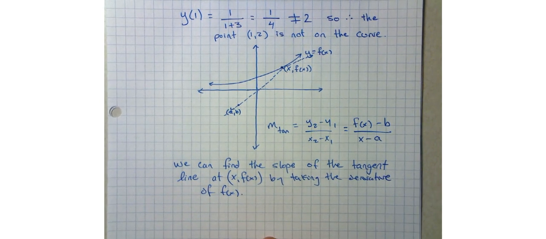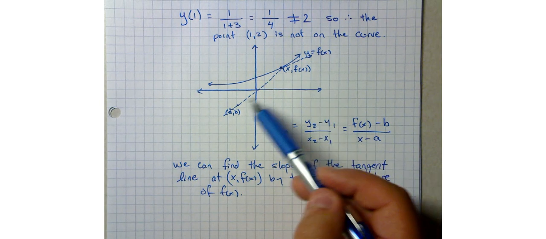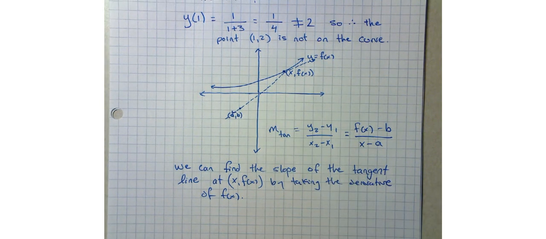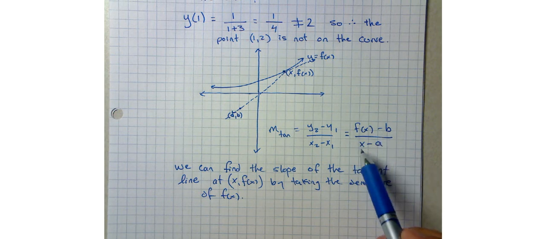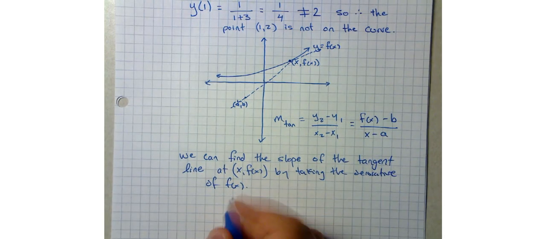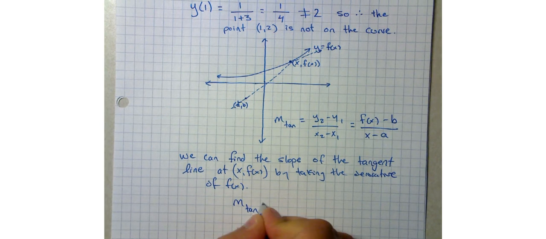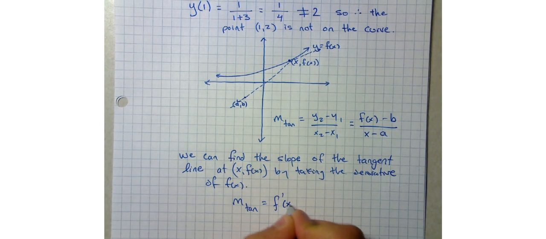What I mean by that is, yes, I drew the tangent line here, but I don't know what the slope of the tangent line is. I don't know what the rate of change of that line is. And so I know that it's in terms of f of x and b and a, but the slope, m tan, can be equal to f prime of x.